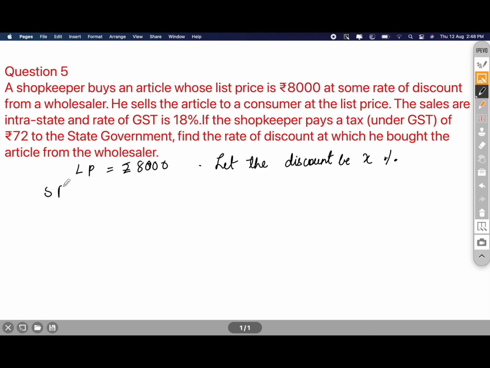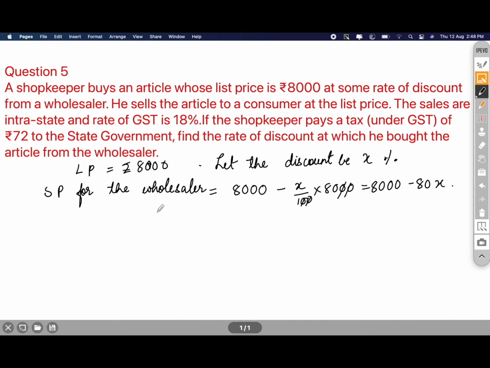So selling price for the wholesaler will be 8,000 minus X% of 8,000, right? So this gives 8,000 minus 80x.